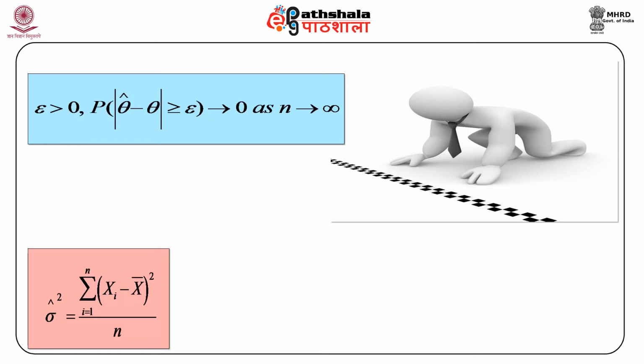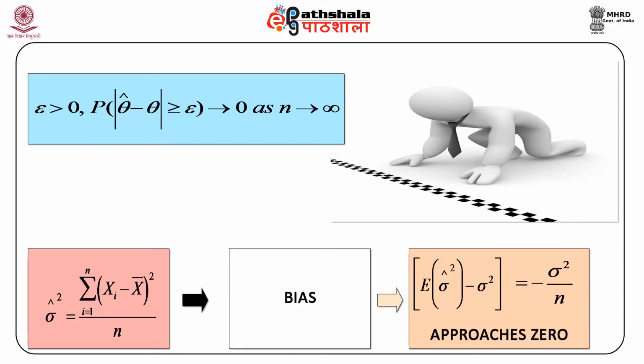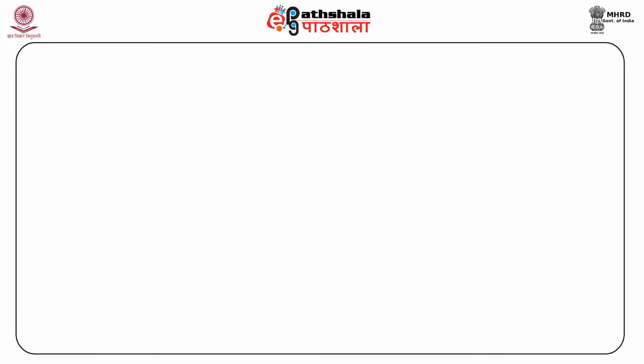As sample size increases, bias, which is expected value of sigma hat square minus sigma square and is equal to minus sigma square upon n, approaches 0. A consistent estimator is asymptotically unbiased. If there is more than one consistent estimator, then the one with minimum variance should be chosen.